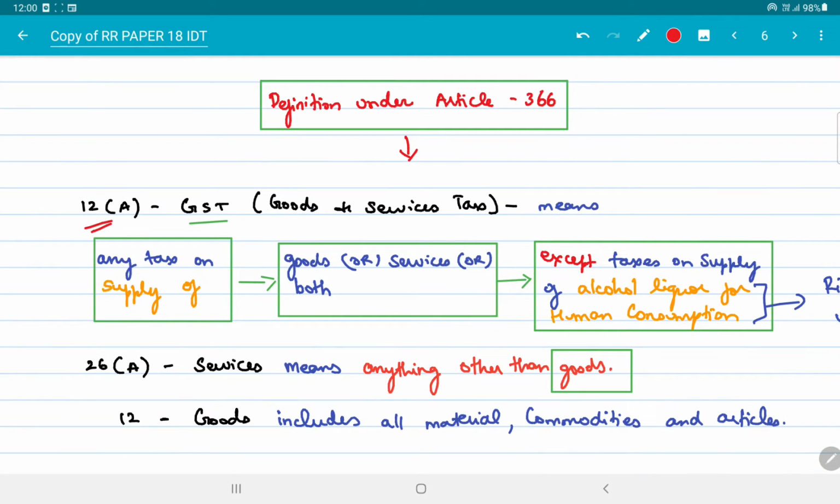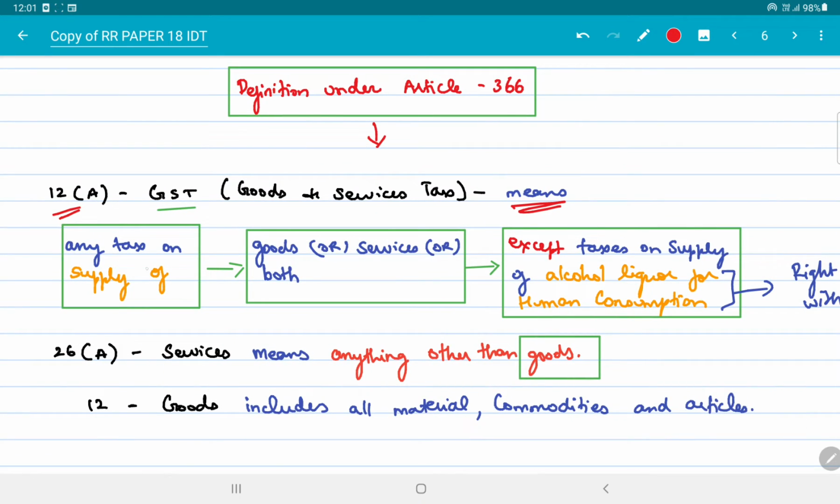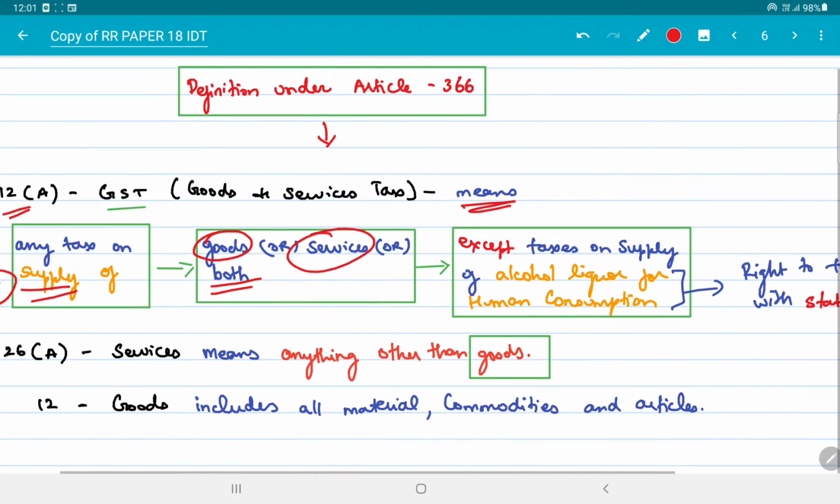So 366(12A), which defines GST, simply says GST means any tax on supply of goods, services, or both, except taxes on supply of alcoholic liquor for human consumption.